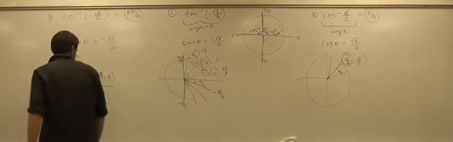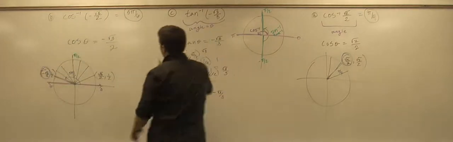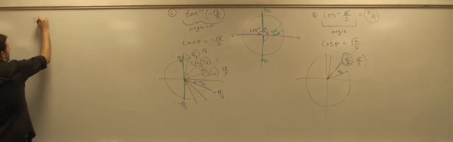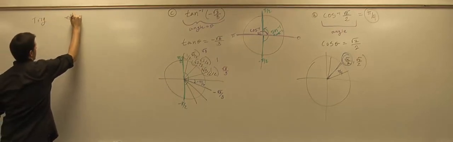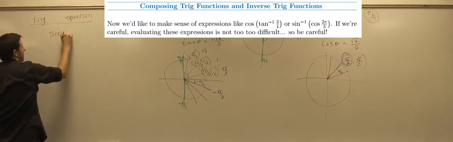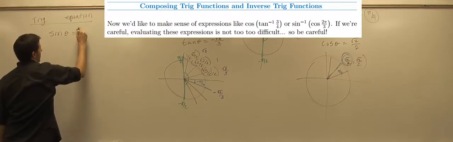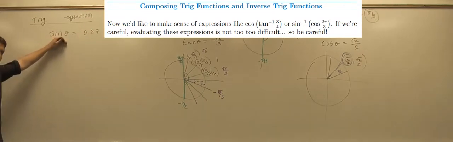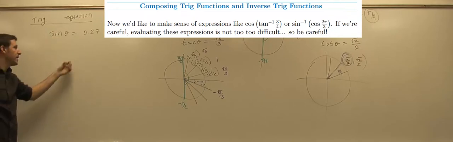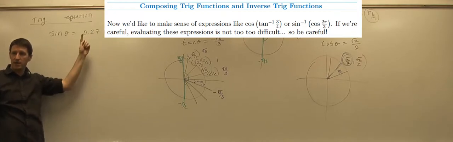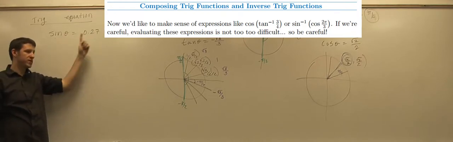I would like to be able to take this trig equation I'm going to randomly make up: sine of theta equals, I don't know, 0.27, and solve for theta. If this is one of our special ratios, like root 2 over 2, then we can do it in our head. In order for sine of theta to equal root 2 over 2, theta has to be pi over 4.